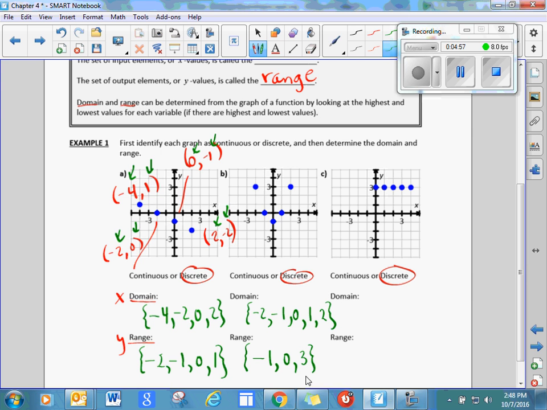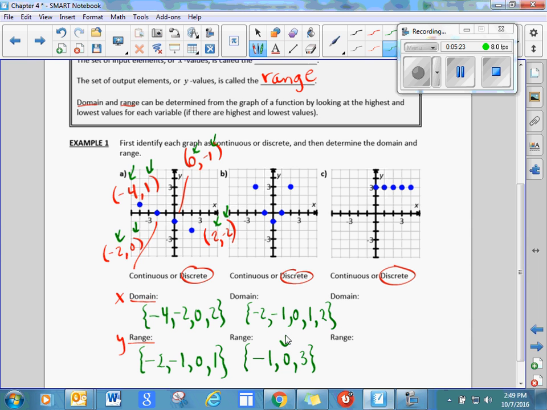Why don't I have 5 ranges like I had 5 domains? Well, it's pretty easy. The ranges repeat. This point has a y value of -1. These 2 points have y values of 0.